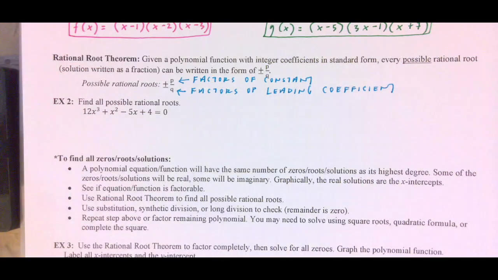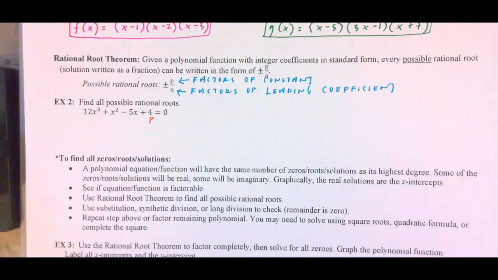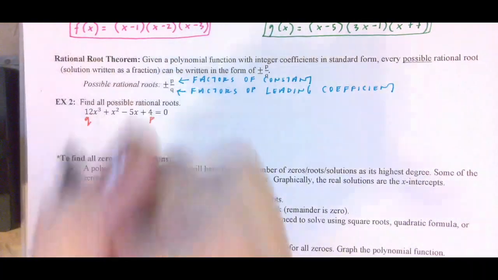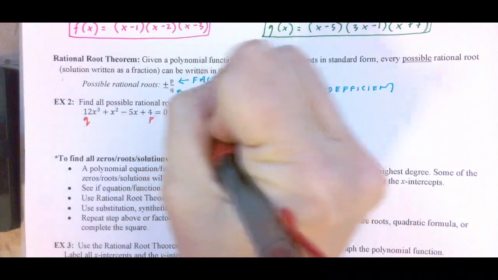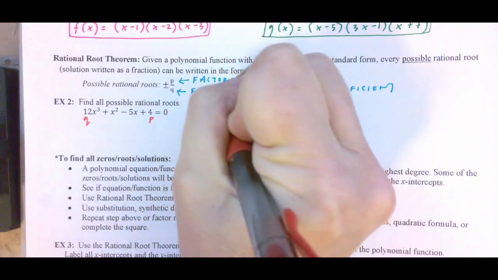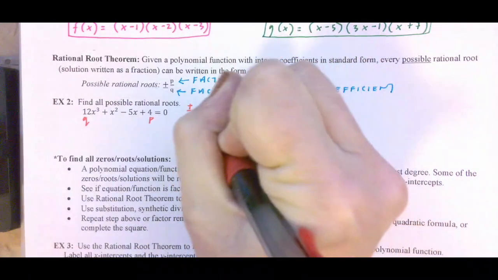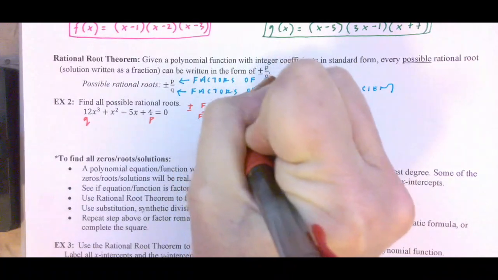Okay, so here in example 2, I'm going to actually use that. So I'm saying find all of the possible rational roots. Well, right here, that is my constant, so that's my p, and then my leading coefficient is q. So I'm looking at plus or minus factors of 4 over factors of 12.